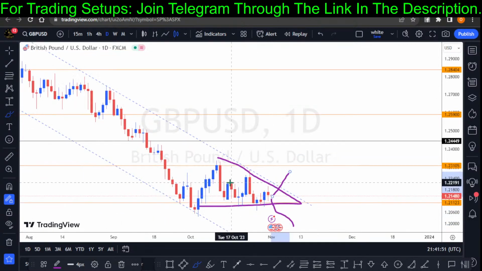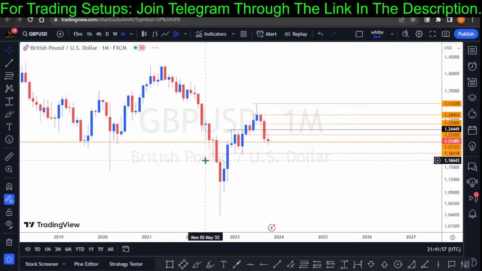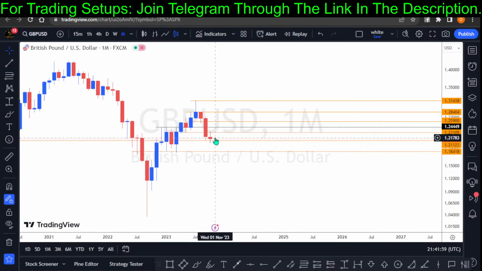So the market is in a state of indecision on the lower time frame, that is the day chart and the four-hour chart. Let's check the monthly chart. On the monthly chart, we also have a doji candlestick. So this market was in a state of indecision for the past month of October. Let's see this month of November, maybe the bulls are going to come in and put price to the upside. So that's what I have.